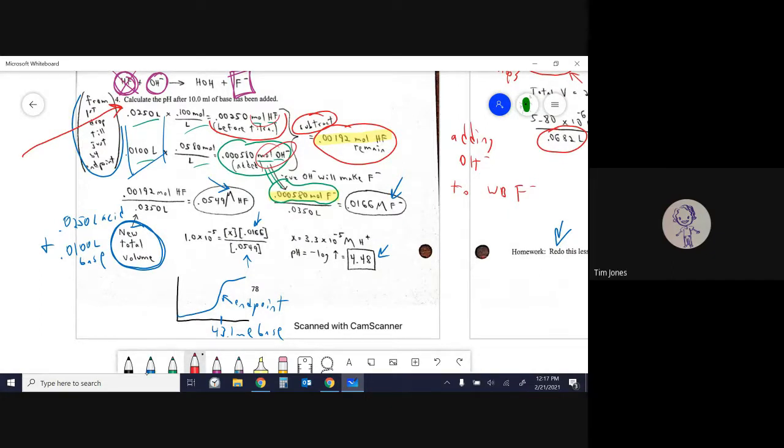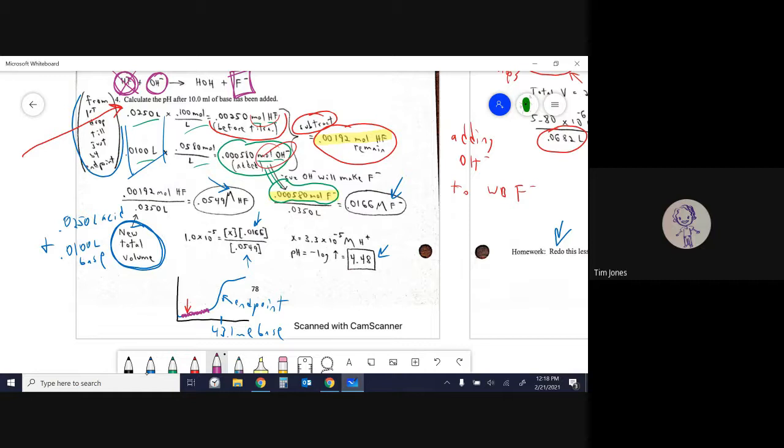So if that's half, we're about right there when we're doing step 4. And this could be considered a buffer pretty much anywhere from here all the way through here. I think some might even argue it goes a little farther. So that's your buffered area, because in that purple area, you have both significant weak acid and weak base.